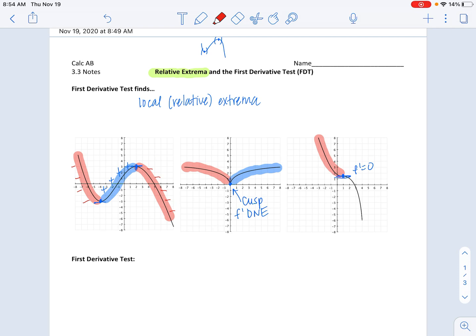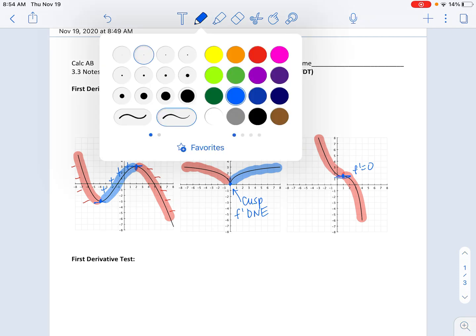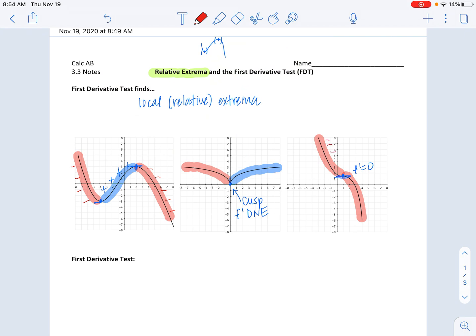And then it hits a slope of 0, and then it keeps decreasing. So sometimes there are situations where we have a critical number, but it does not change sign. The derivative is negative, negative, negative, it hits 0 for a moment, and then it's negative, negative, negative some more. We actually don't have any extrema there, okay?